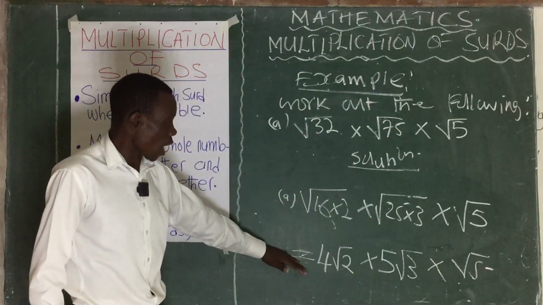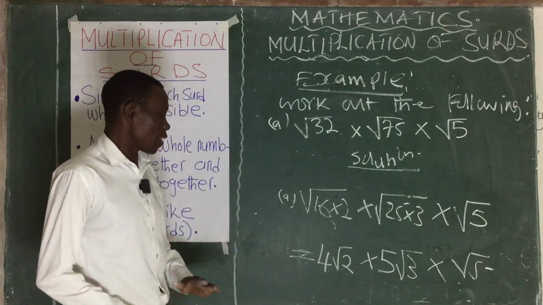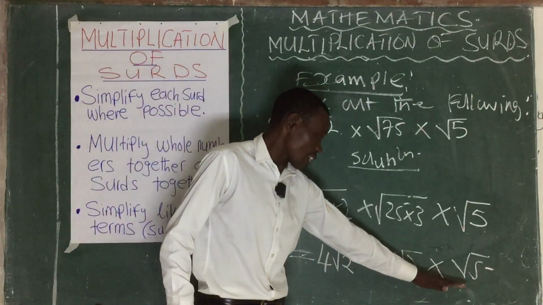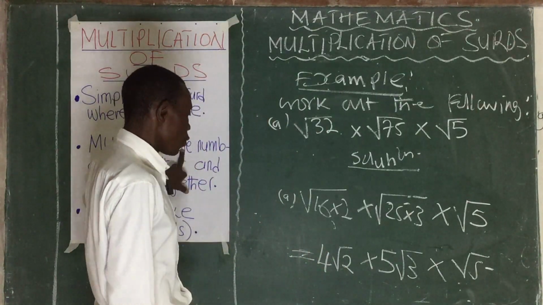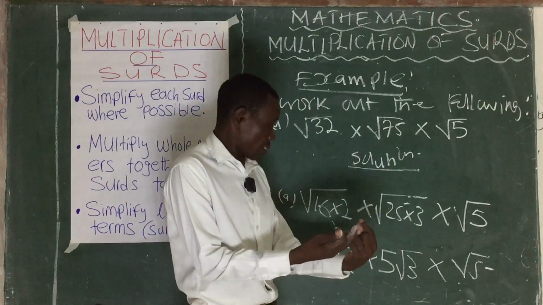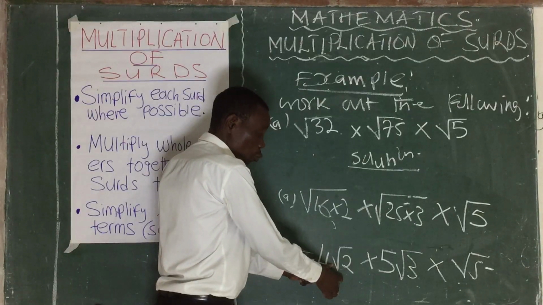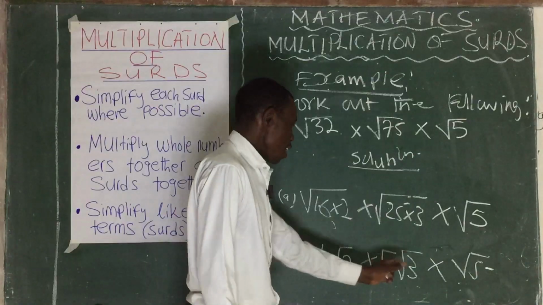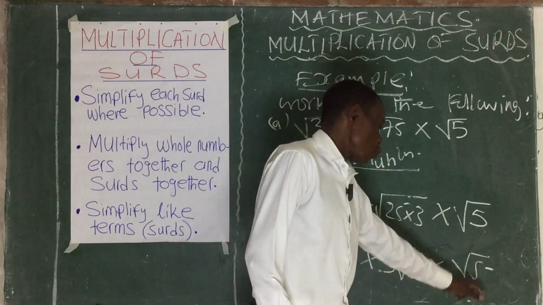This simply means that at this stage, after you have simplified the surds, you find they are like two groups of terms aligned with this surds expression. One is a group of numbers, the whole numbers, which are just the coefficients of the surds. Like here we have 4 as coefficient of root 2, 5 as coefficient of root 3, and here we know for sure it is just the 1, the coefficient of root 5.